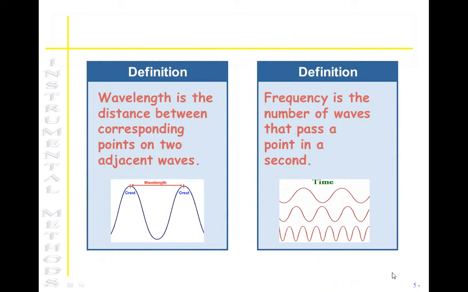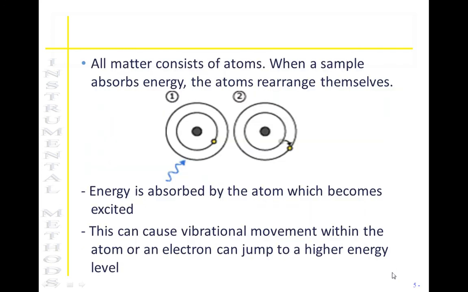Wavelength is the distance between corresponding points on two adjacent waves, and frequency is the number of waves that pass a point in a second. All matter consists of atoms. When a sample absorbs energy, those atoms are going to tend to rearrange themselves.